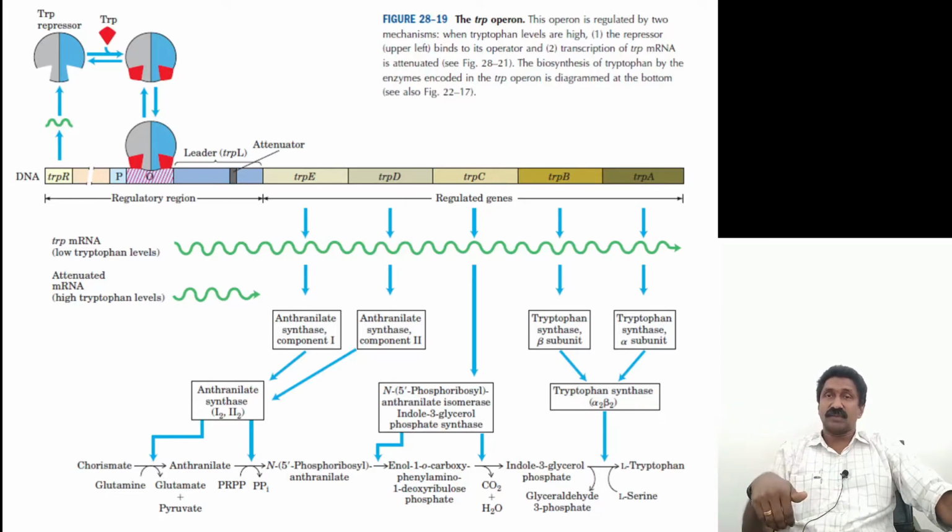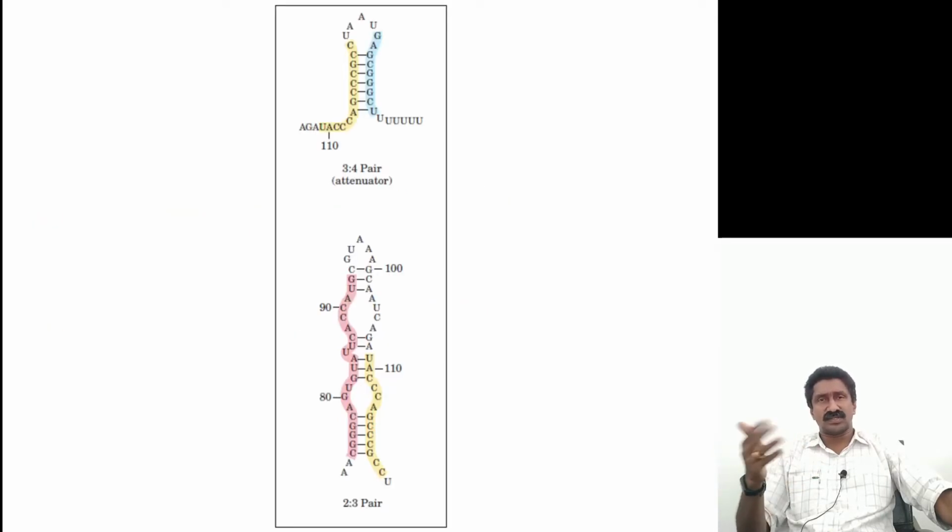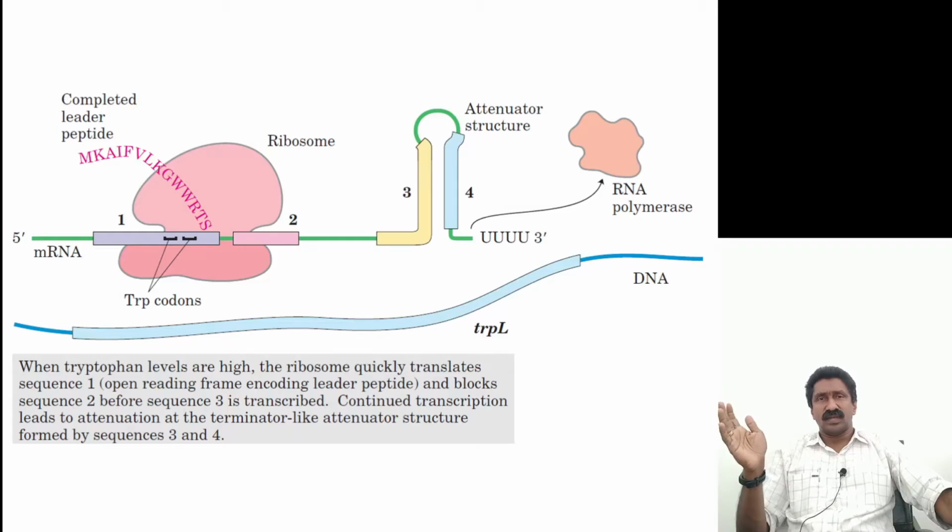If tryptophan is absent and needs to be biosynthesized, it will recognize that requirement from the system and start coding for the concerned mRNA. So this is another example of transcription level regulation of gene expression. In the trp operon, we have an attenuation system, and we'll discuss that in another slide.